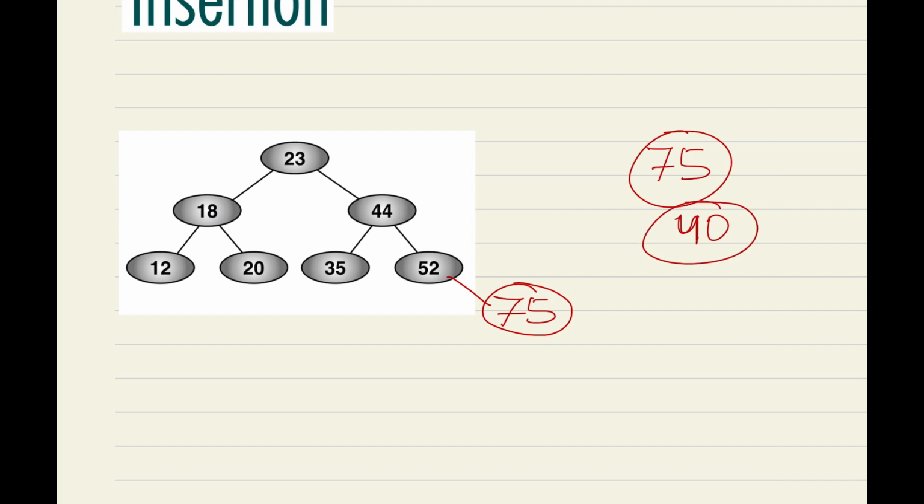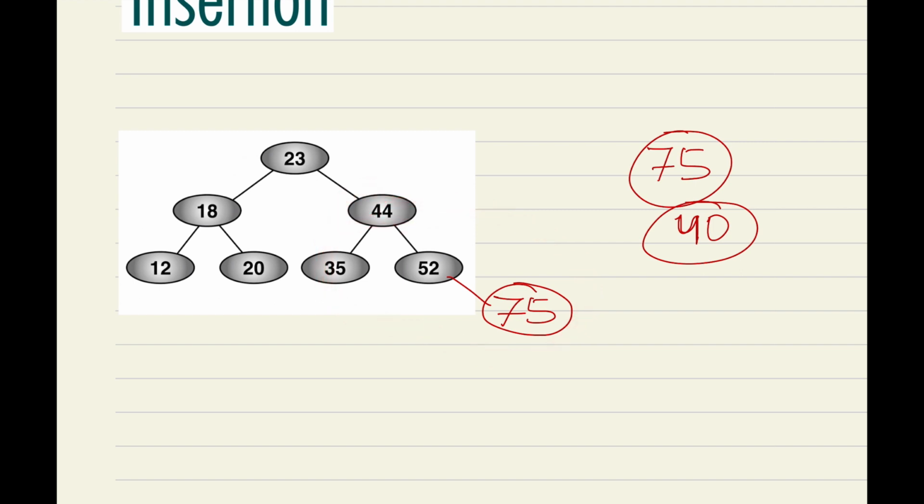So apply the same principle. So consider 23 and 40, compare 23 and 40. So 40 is larger than 23, so 40 should be inserted here in the right subtree. So now compare this 44 with 40. So 40 is smaller than the root here, 44.